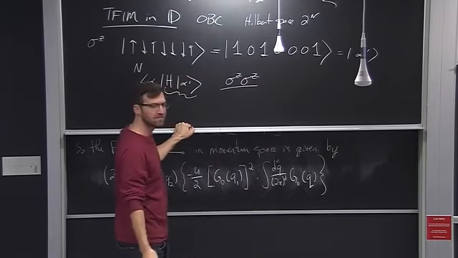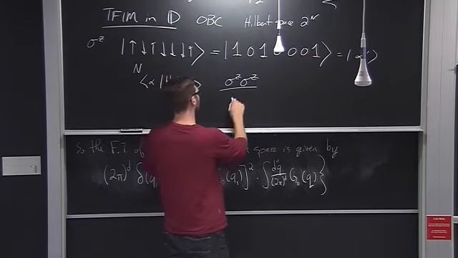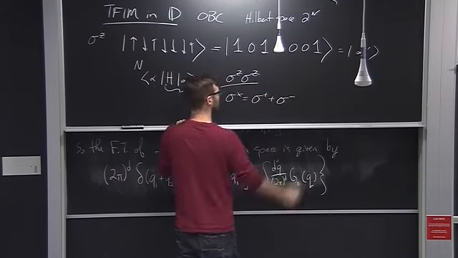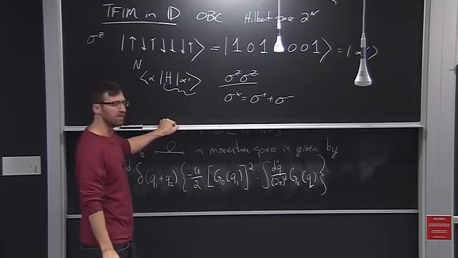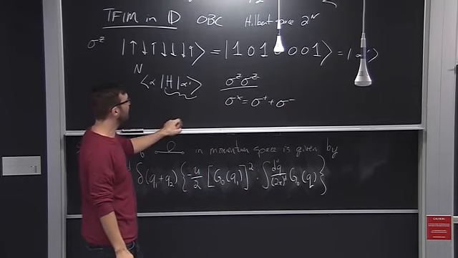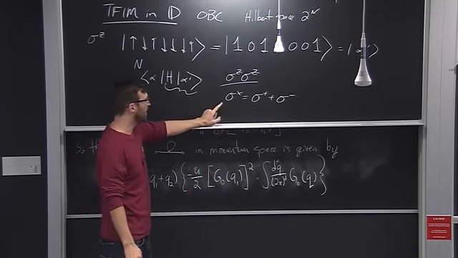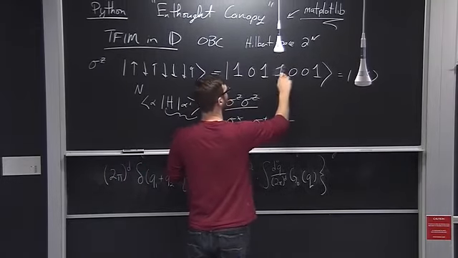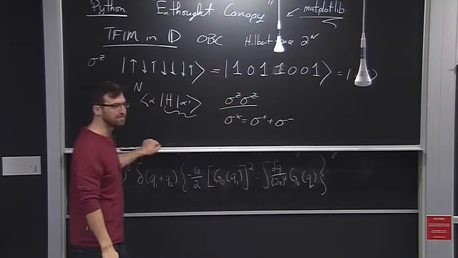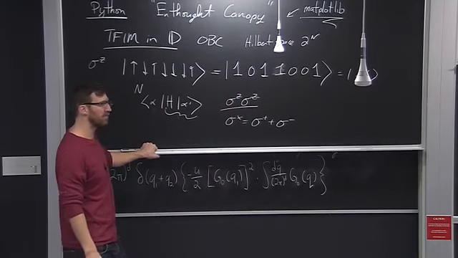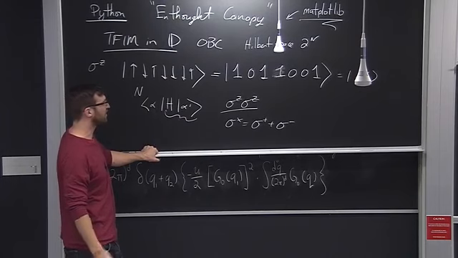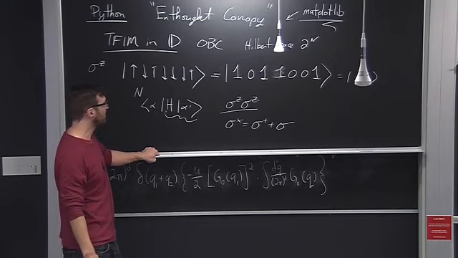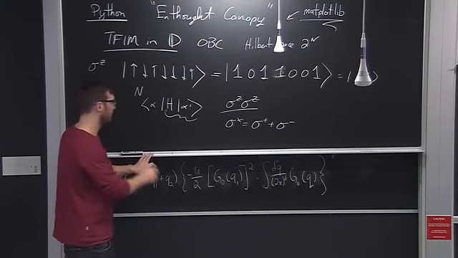That's easy because your bra is equal to your ket. But when you have the sigma x term, which you should write like that, you have to look at the Hamiltonian and imagine that you're operating on this thing, maybe flipping a spin, and then turning that into your alpha. So that's what the code that I've given you has done. It's starting you out already with this way of building a Hilbert space and building a Hamiltonian.